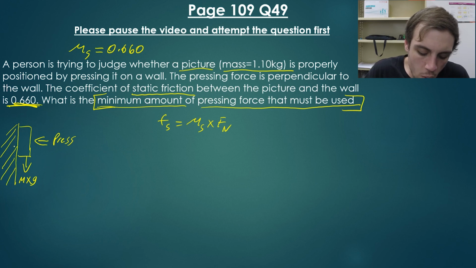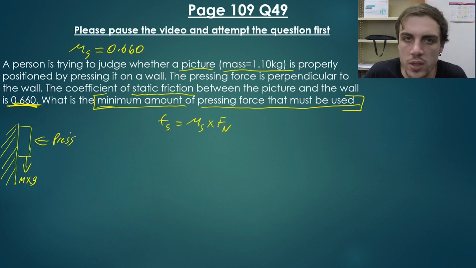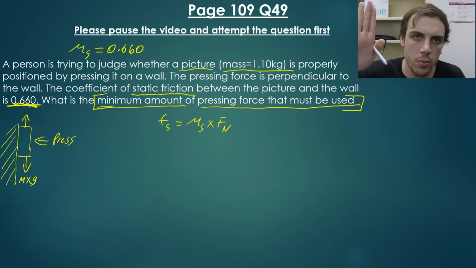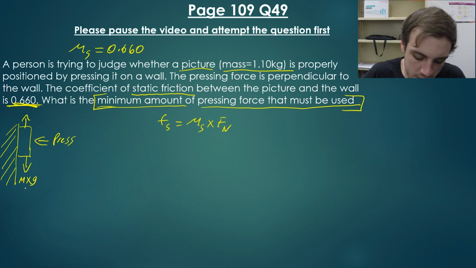Now, because we want this to be stationary, we don't want it to be moving. So this means that the amount of friction force coming upwards must be equal to the amount of force pushing downwards. Because if there was a greater amount of friction, it would be moving up the wall. If there was a greater amount of weight, so mass times gravity, it would be moving down.